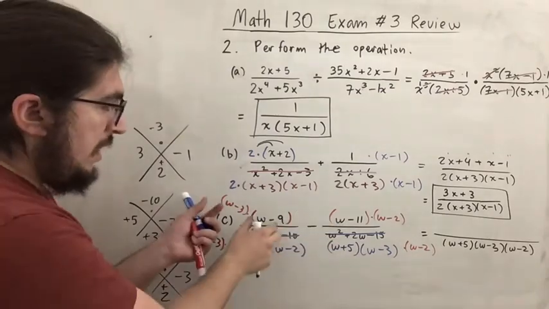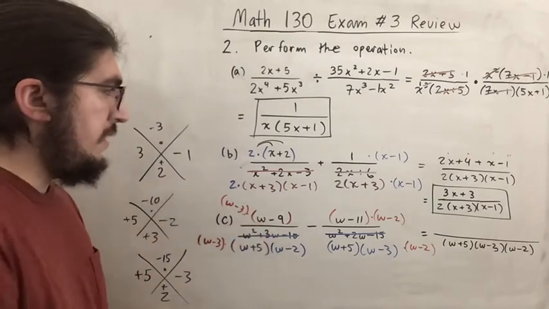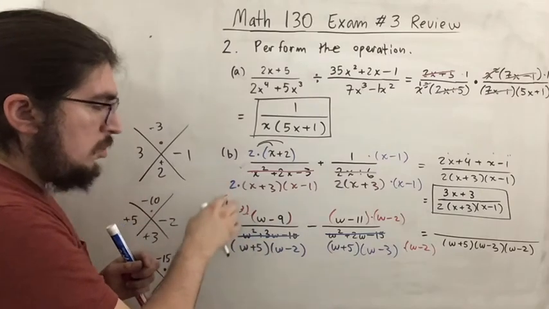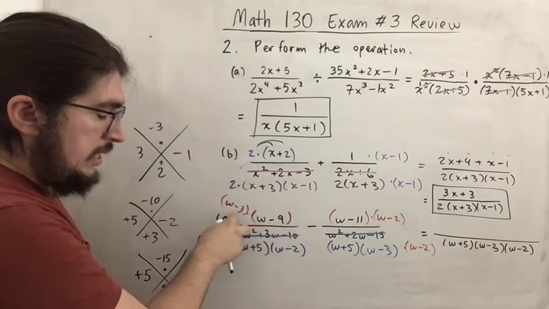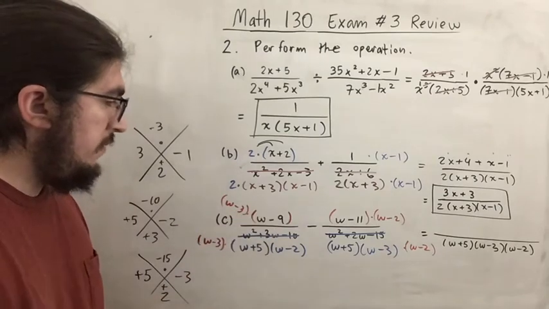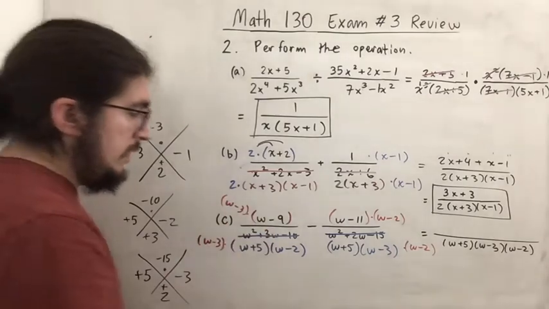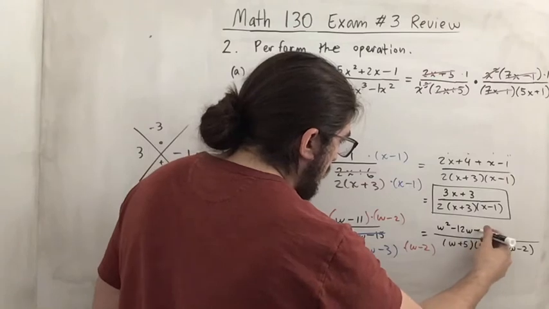But when you have factors that don't have anything in front of the variable, like here w minus 3, w minus 9, for example, really what this will become is w squared, and then the middle term will be the sum of these two numbers. Notice negative 3 minus 9 is negative 12w, and then the product will be the last term, which is going to be positive 27. So I can tell right away this is w squared minus 12w plus 27.